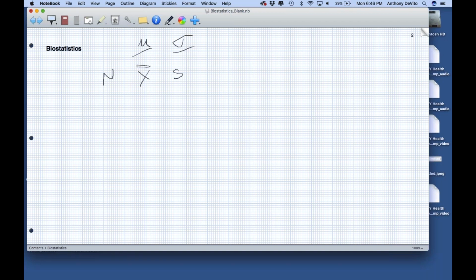We do that because we know that if we get a decent sized sample, the sample mean is going to approximate, or we hope it's going to approximate, the population mean, and the sample standard deviation is going to approximate the population standard deviation.